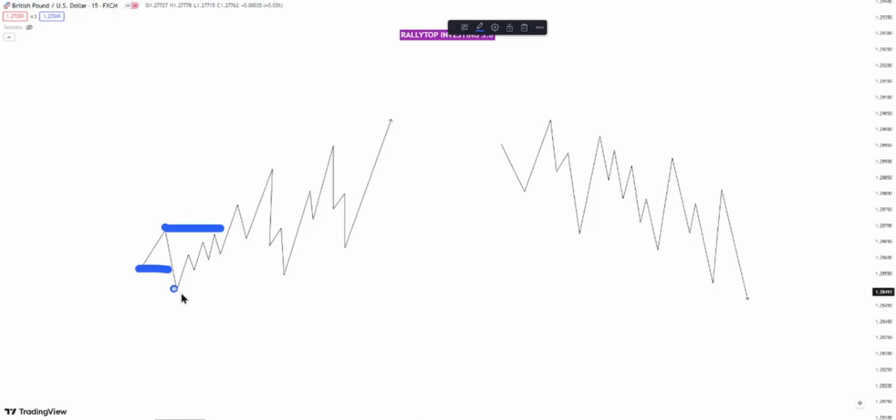It's as simple as that. Your strong low or protected low is the low that sponsors the move that takes out major structure points. And therefore, this is a strong low, because it sponsored this move up to take out this major structure high. And after then, it created a new high.